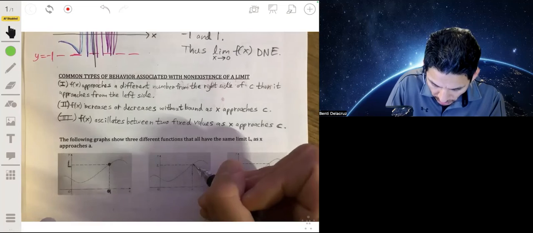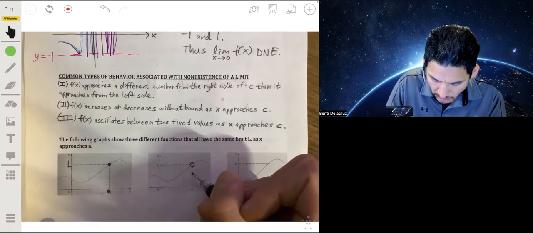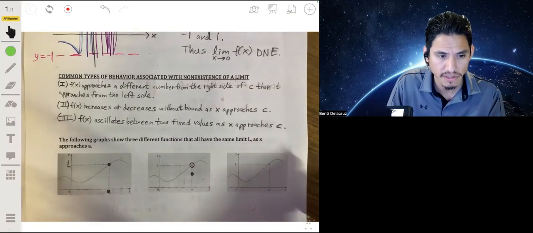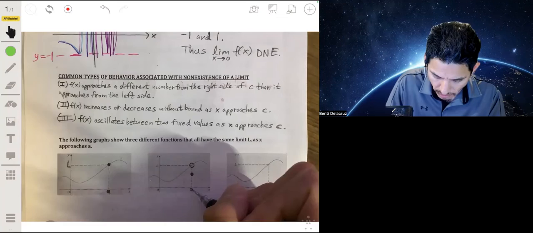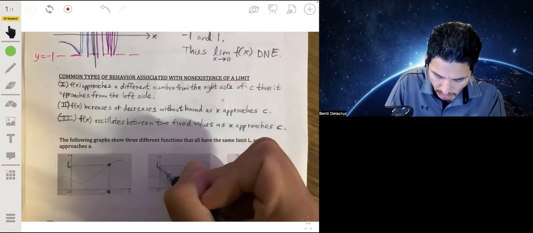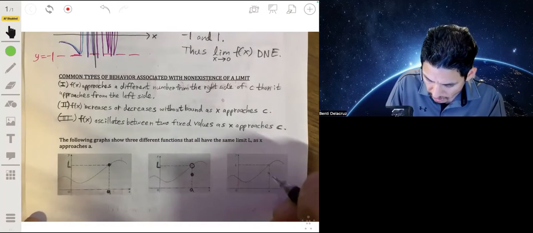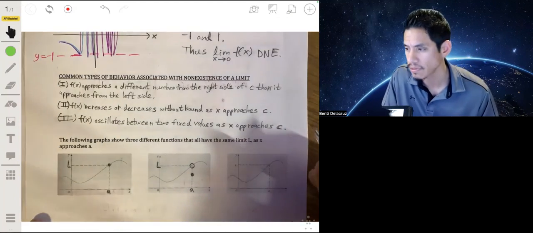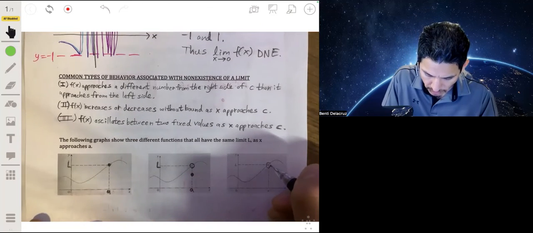And for this graph, we have an open circle at that point, that's again point A, L. And here we have an open circle, and only an open circle, no closed circle here.